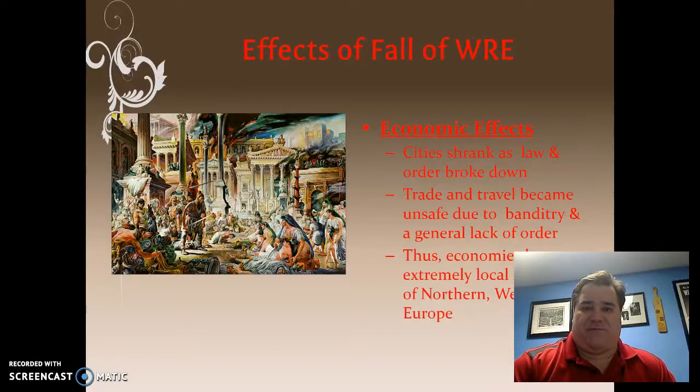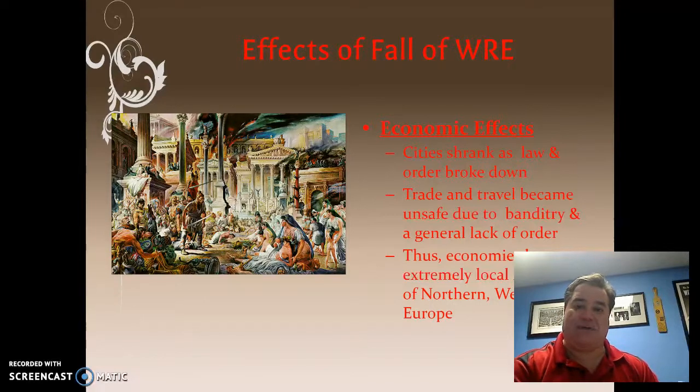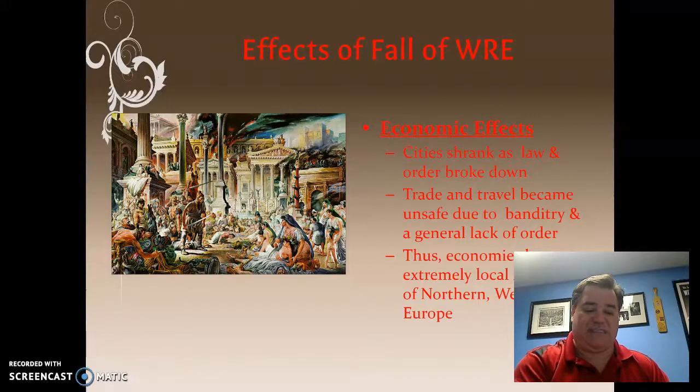Economic effects of the fall of the Western Roman Empire. Cities shrink as law and order breaks down. Well, the cities are shrinking because there's no food there. People can't survive. Trade and travel become so dangerous and unsafe because the people who flee the cities either die because they can't farm, or they pick up weapons and steal the production of others for themselves, essentially becoming bandits.